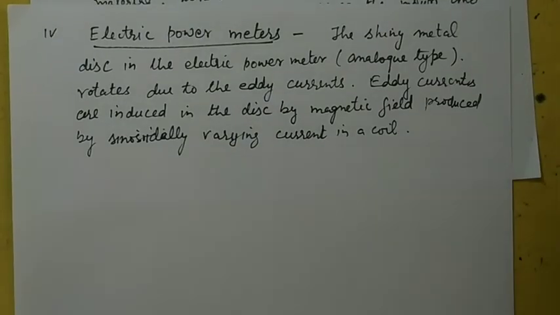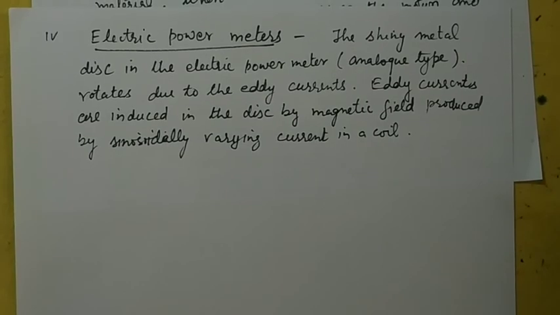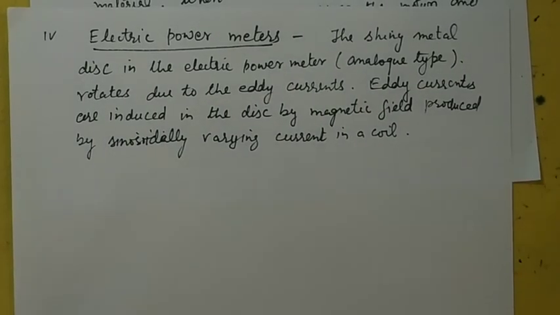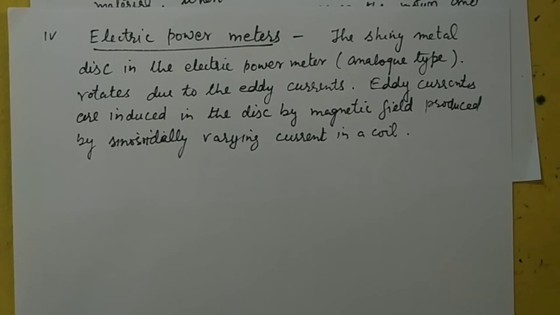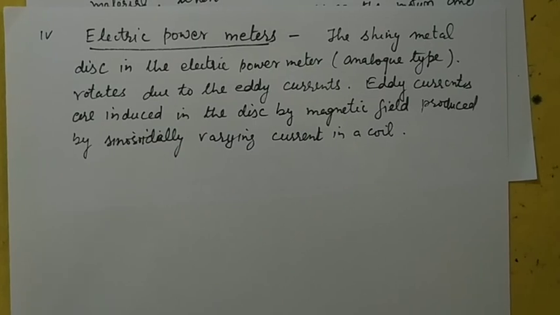Now the last application is electric power meters. The shining metal disc in an electrical power meter is rotated by means of eddy currents. The eddy currents are induced in the disc by the magnetic field produced by the sinusoidally varying current in a coil.